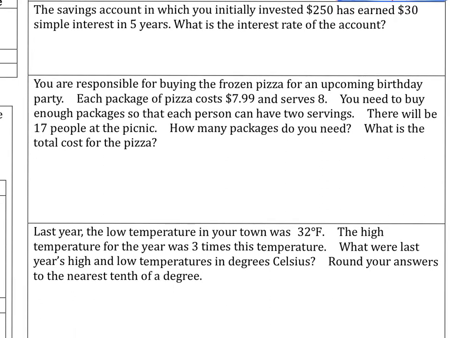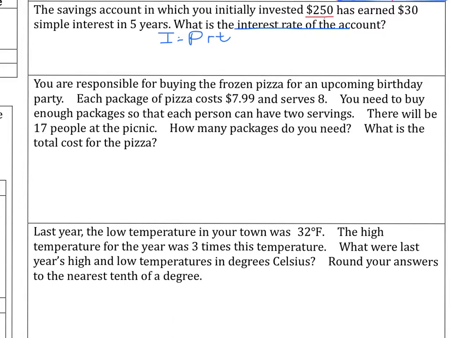The savings account in which you initially invested $250 has earned $30 simple interest in 5 years. What is the interest rate of the account? So we know that according to the formula, interest equals principal times rate times time. So it gives you many pieces of information.